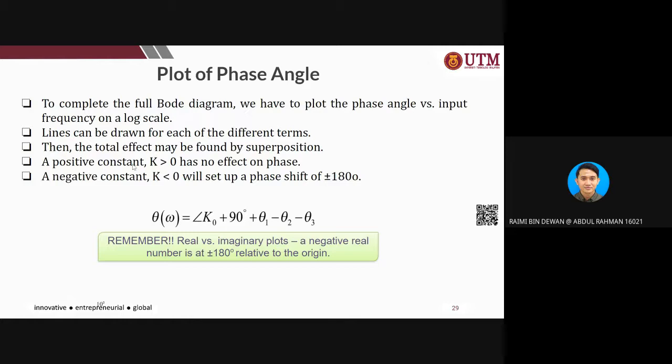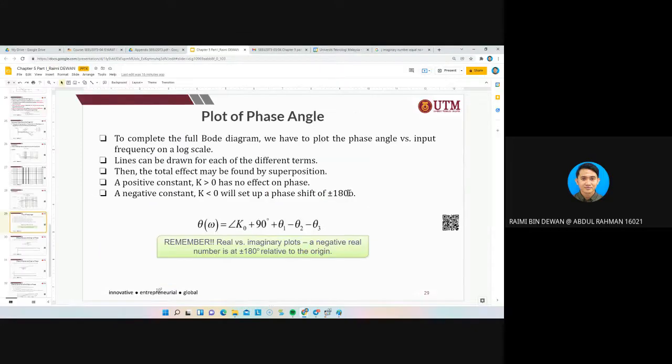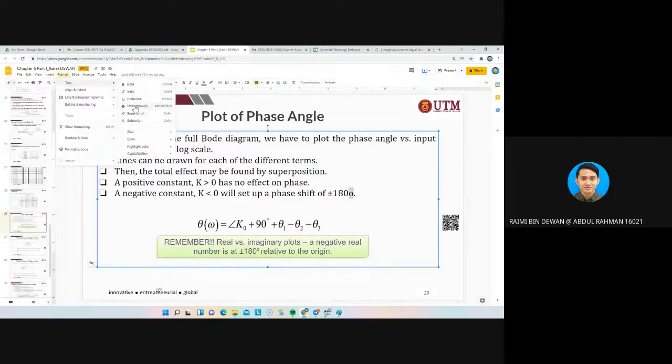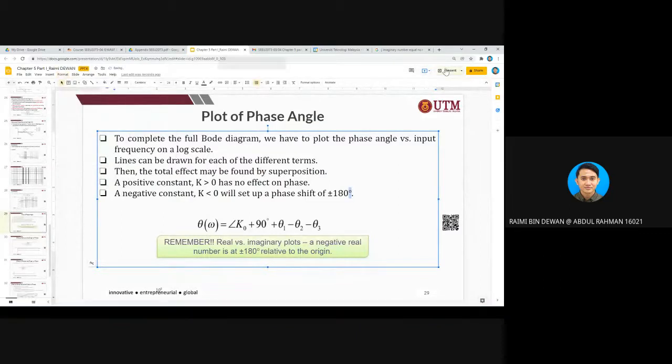A positive constant k greater than 0 has no effect on phase because there is no phase. However, if we have a negative constant k less than 0, this will create a phase shift of plus or minus 180 degrees.